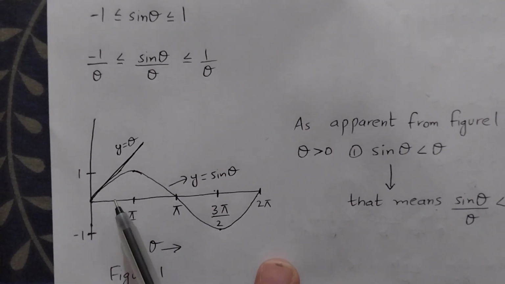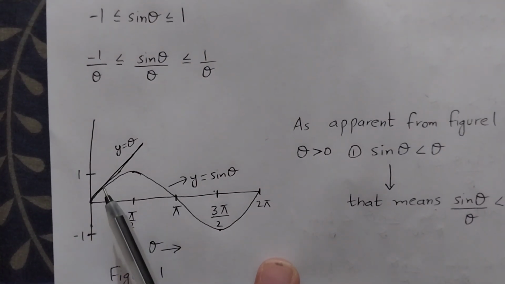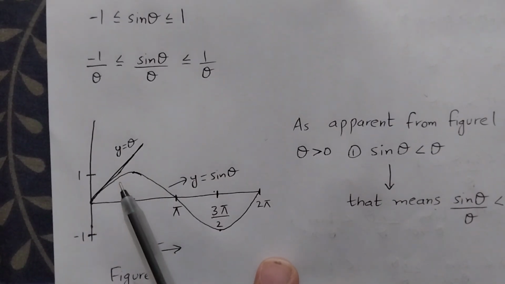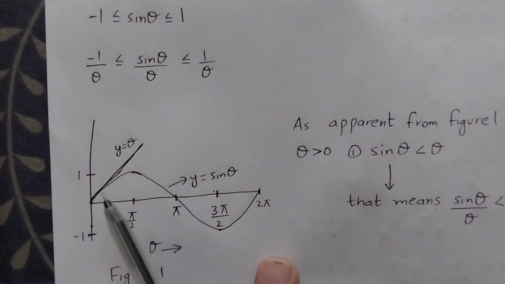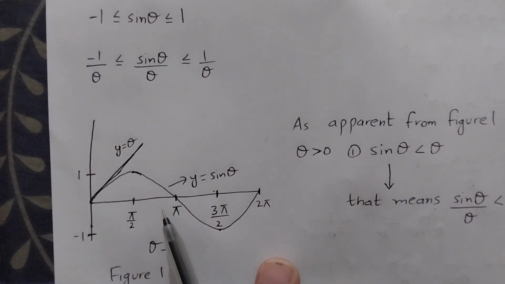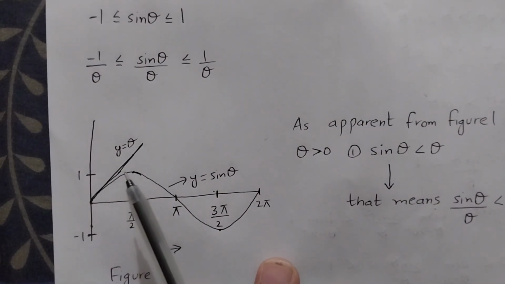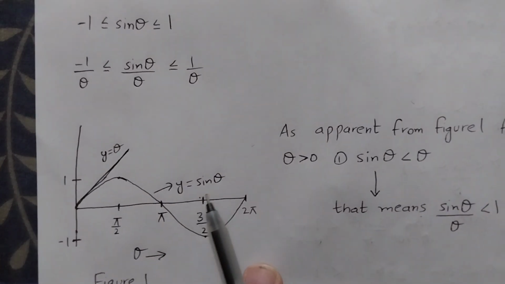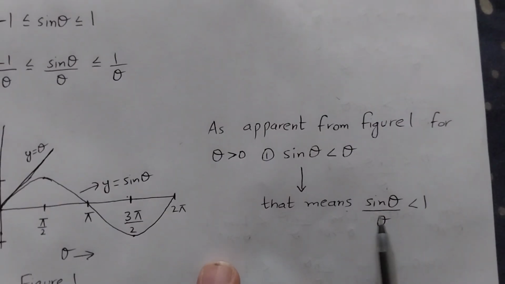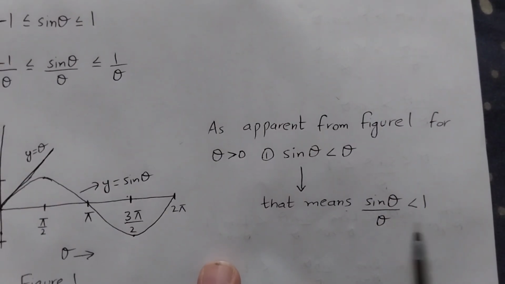Whenever you take the slope of this line, it will be 1 because the change in theta will be equal to the change in y. So the slope of this line is 1, and sine theta over theta is less than 1. It will never be equal to 1.